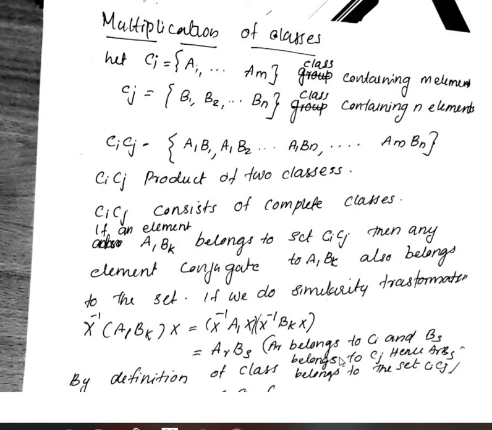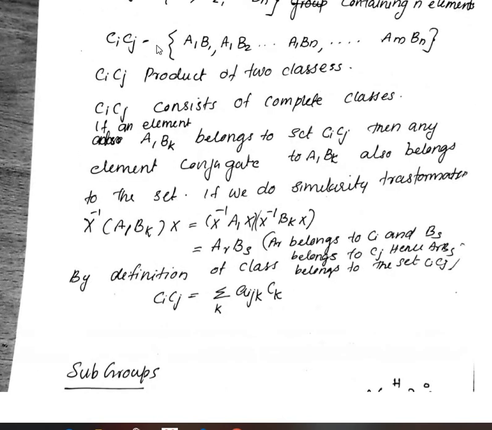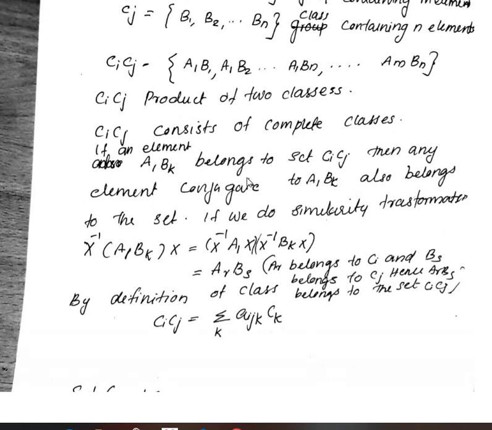So Ar belongs to Ci and Bs belongs to Cj. When we multiply, all the elements are in CiCj, so by the definition of a class we can write CiCj is equal to the sum over k of aijk Ck, where Ck is a class in this group and aijk are some numbers. This is known as the multiplication of classes. That means all the elements are present in this product CiCj.